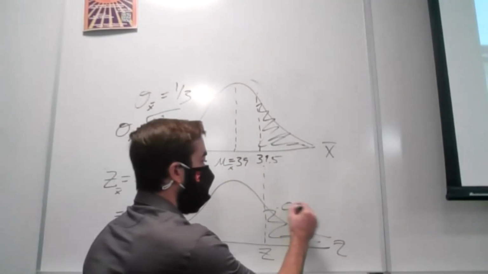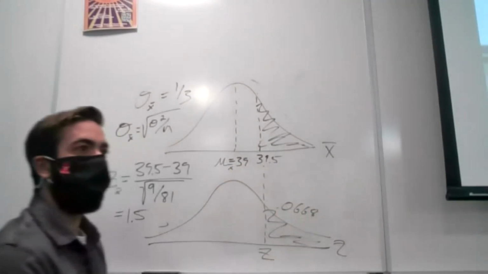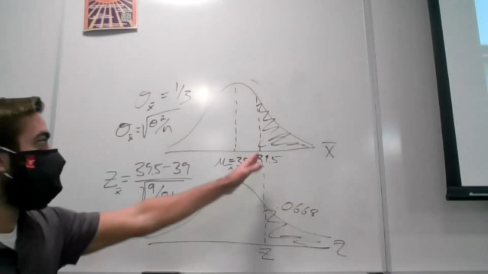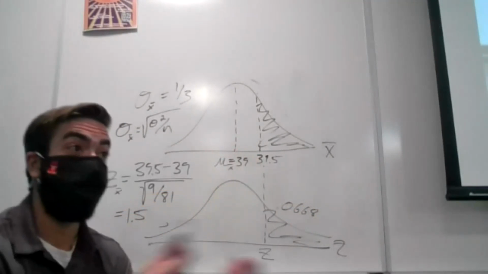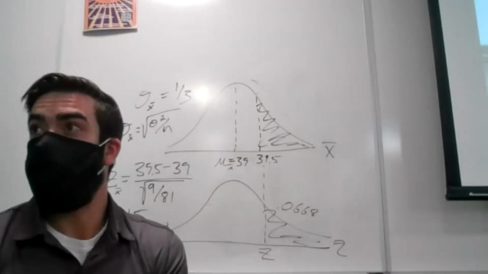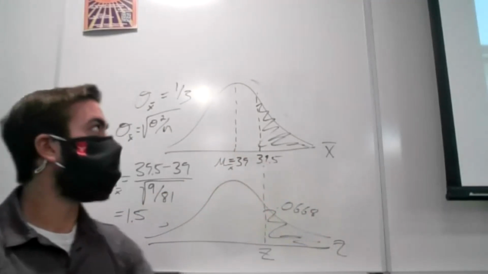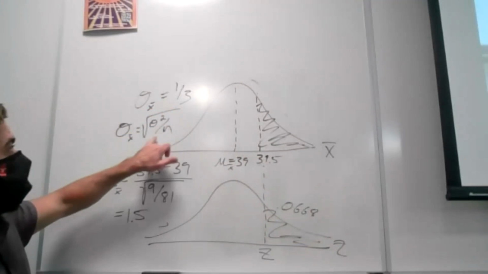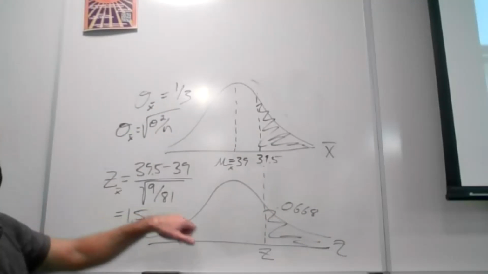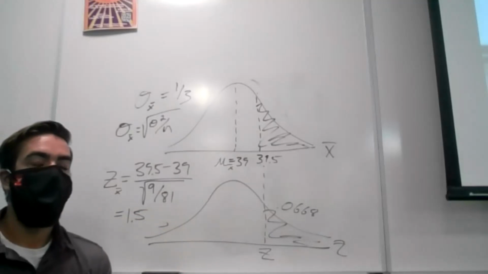This was 0.0668. So I'm kind of guaranteeing that I see sample means that are within 0.5 of my population mean, which is good, because now I have a sample mean that's really close to my population mean. But the only reason that happened was because I reduced the standard deviation of my sample means by taking a high sample size, 81.